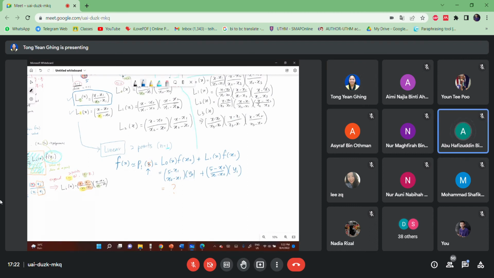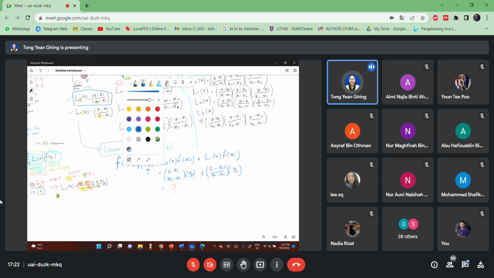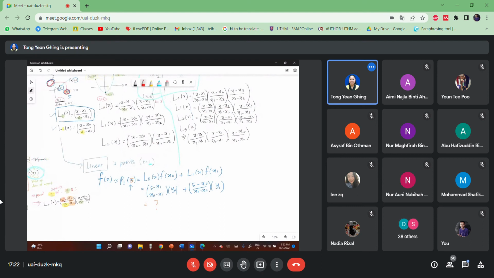Okay. Let's say now, sekarang saya ambil this one pula. Dia punya polynomial, P2(x) macam mana? Dia akan jadi L0(x) f(x0) plus L1(x) f(x1) plus L2(x) f(x2).